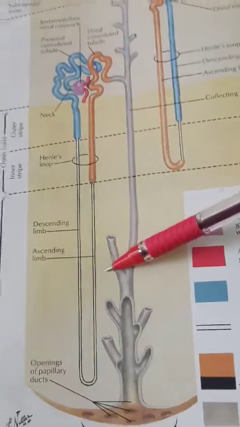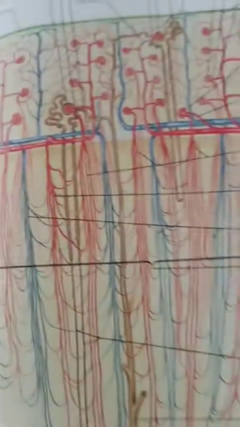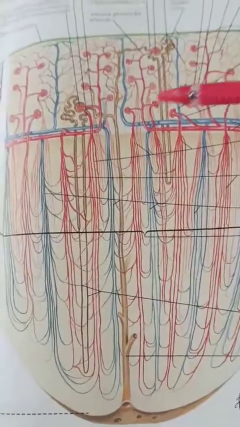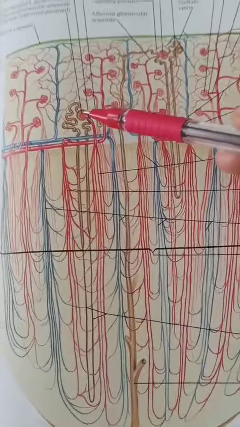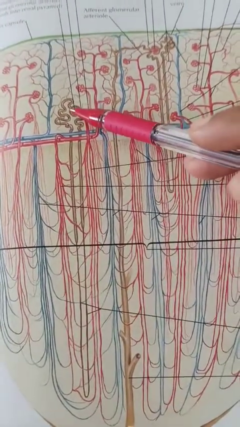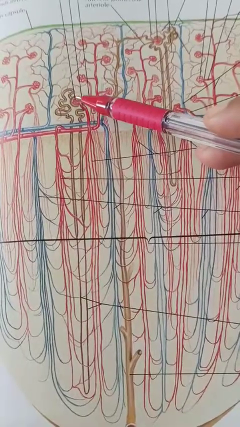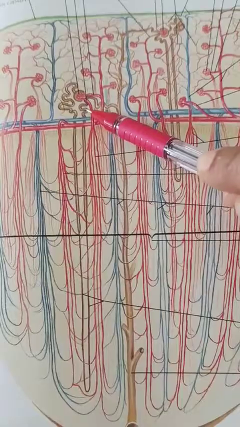Like this it is arranged within our kidney. In this view we can see more than one nephron. So many nephrons can be seen. See here, this is one nephron. Its Bowman's capsule, proximal convoluted tubule, and distal convoluted tubule can be seen in the cortex.